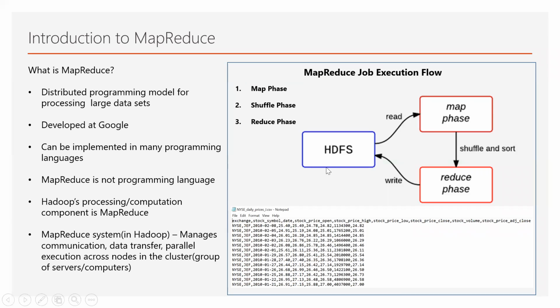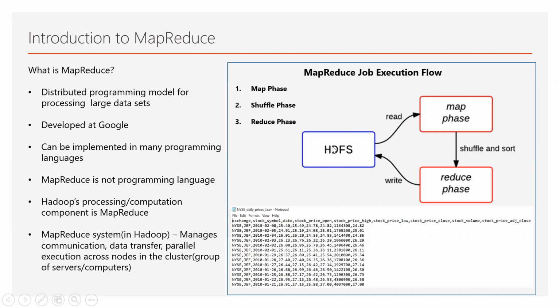As we saw, the MapReduce framework is built on three phases: the map phase, the shuffle and sort phase, and then the reduce phase. Most of the time, we read data from HDFS. The data is stored as blocks across the nodes in the cluster.